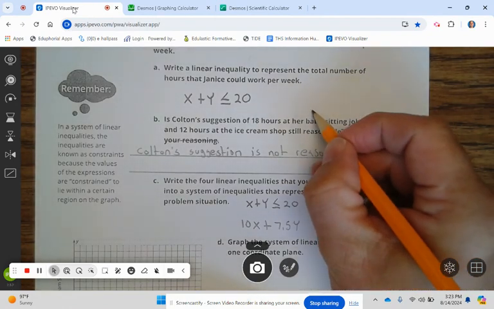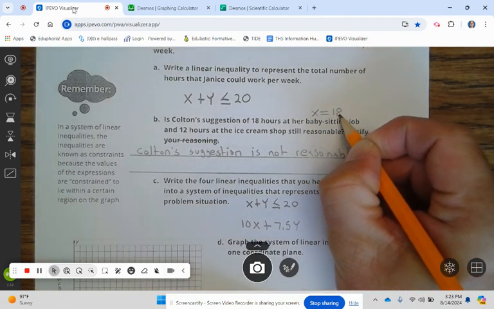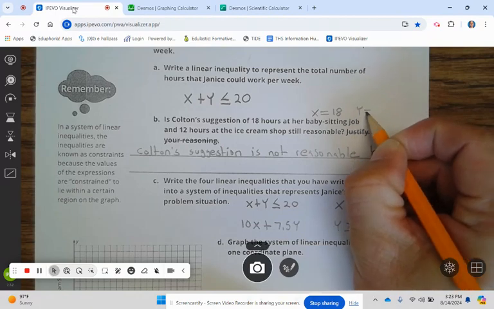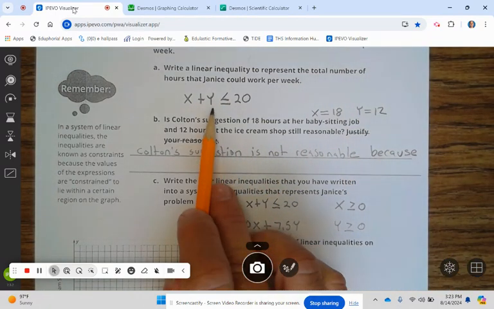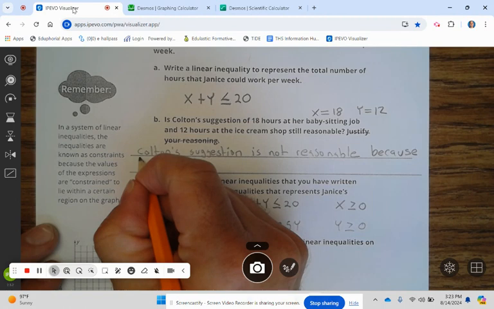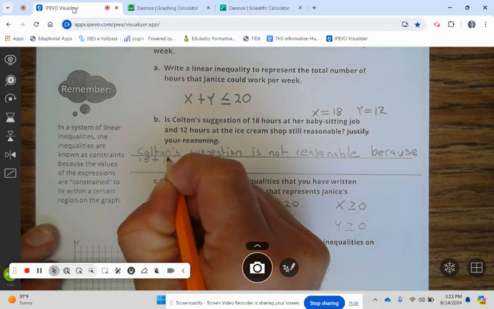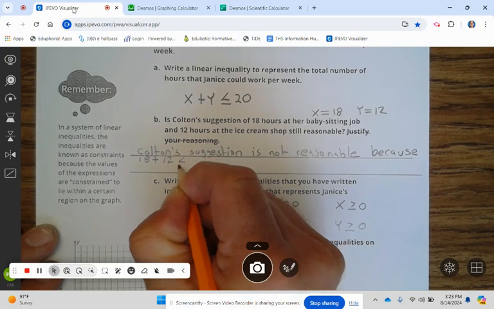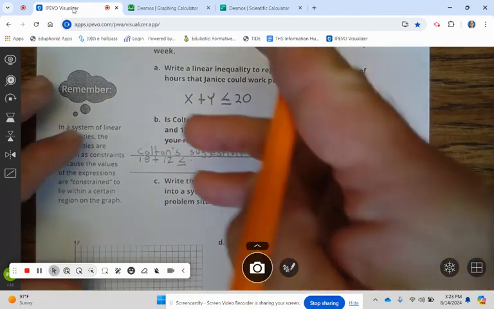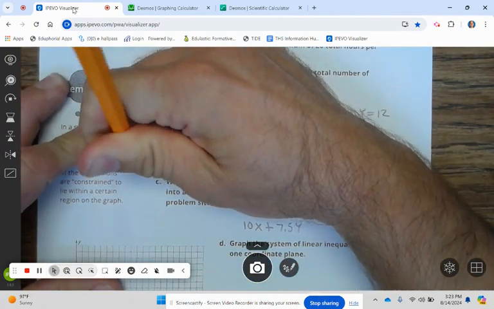if we substitute x equals 18 and y equals 12 into this inequality, so we have 18 plus 12 less than or equal to 20.